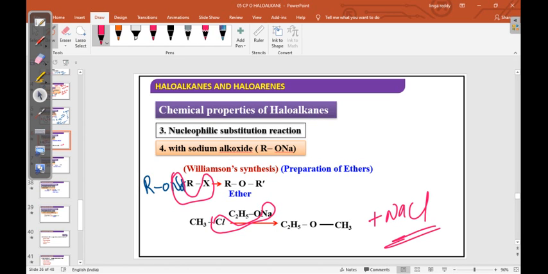This is the ether. It is also a named reaction, Williamson synthesis. Williamson synthesis is the preparation of ether from alkyl halide and sodium alkoxide. Here the important thing is ether is the solvent. Wherever sodium is there, the presence of ether is compulsory, because with water it is explosive.